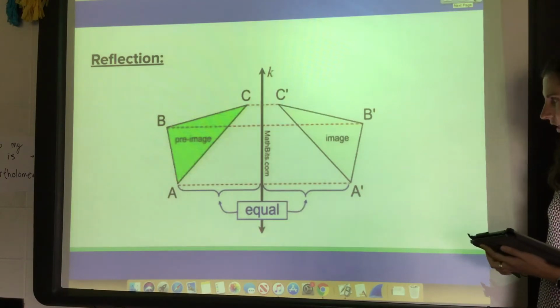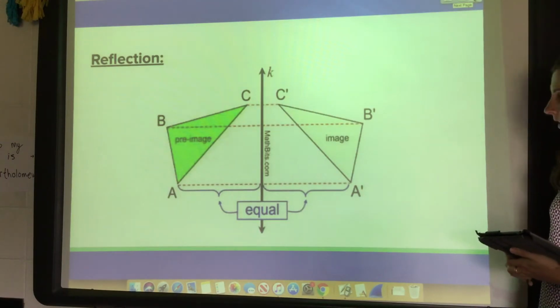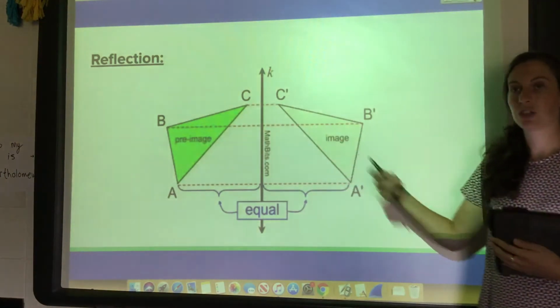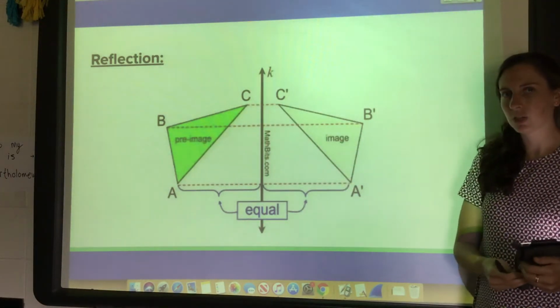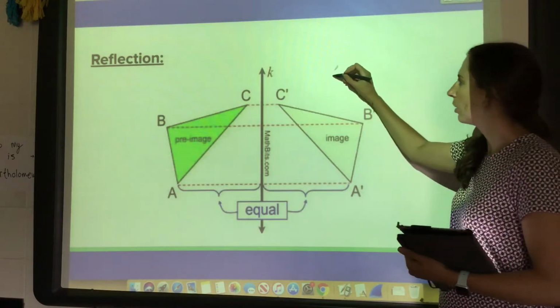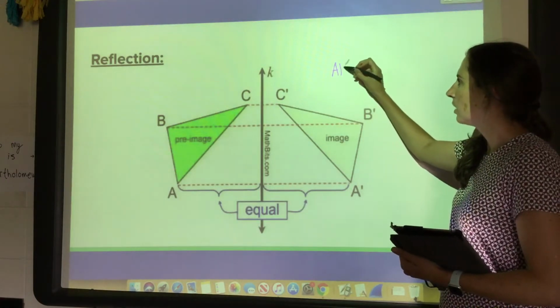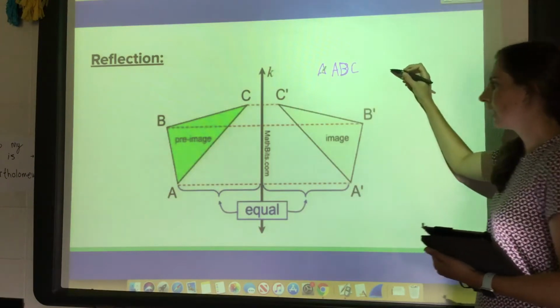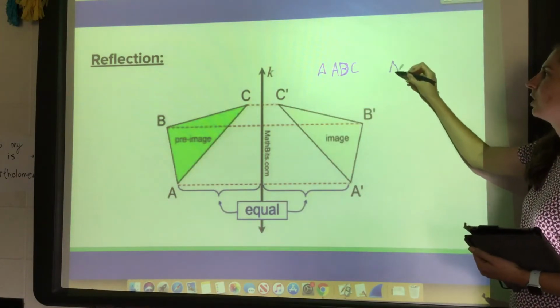With reflections, again, the pre-image and the image should be congruent. Just as a side note, we write congruent as this. So I could say triangle ABC is my pre-image.